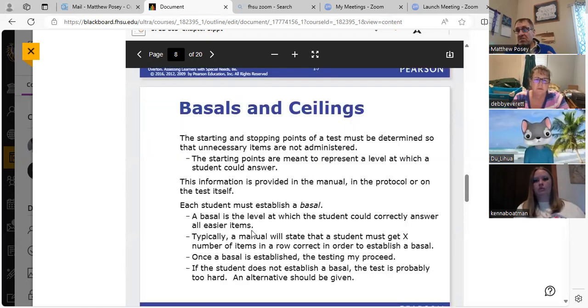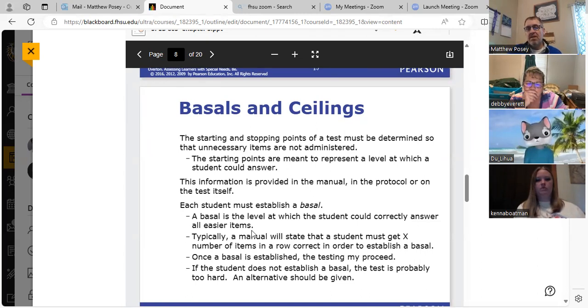So certain subtests that I give, you have the basal and then the ceiling. They reach the ceiling if they score X number incorrect in a row. So if they miss 5 consecutive problems in a row, or they miss 4, depending on what the protocol is, you stop the test immediately. We're done. We're moving on to the next one.